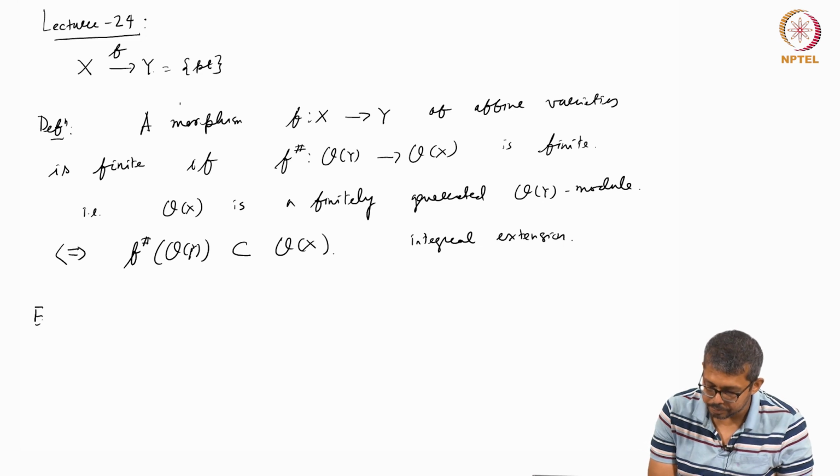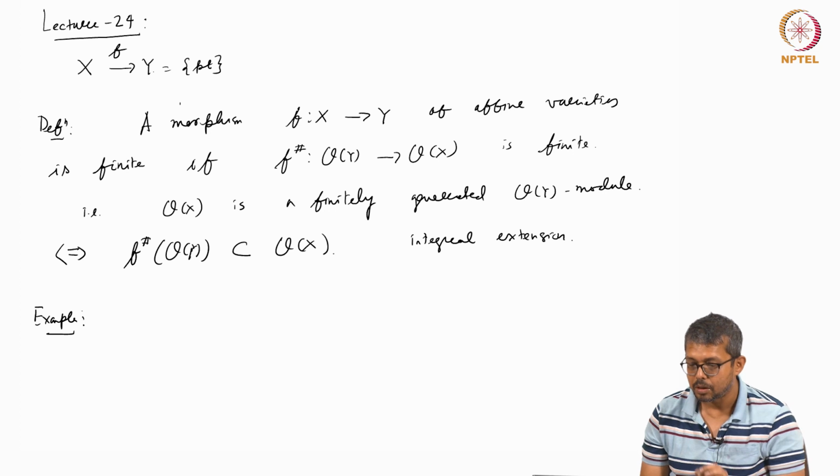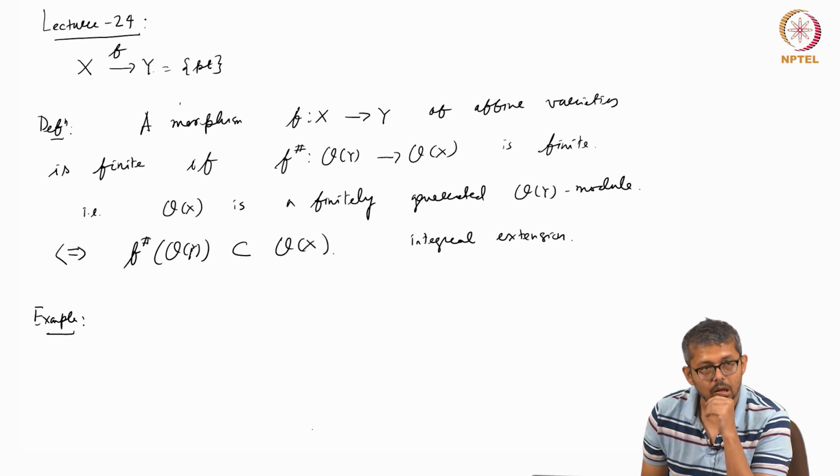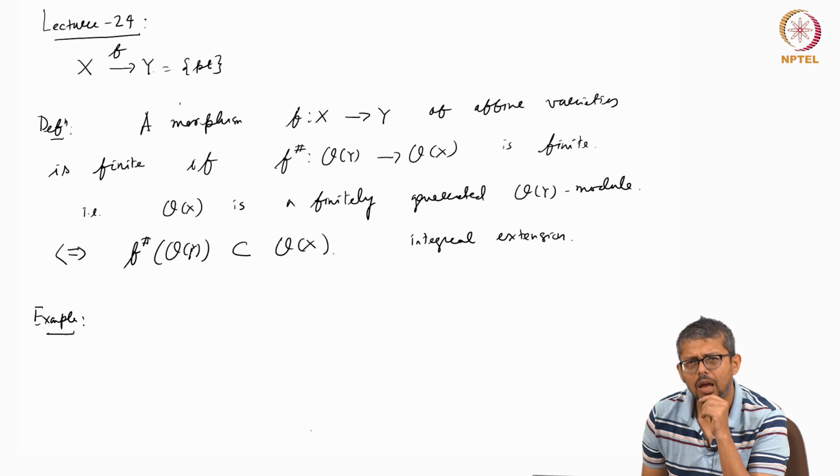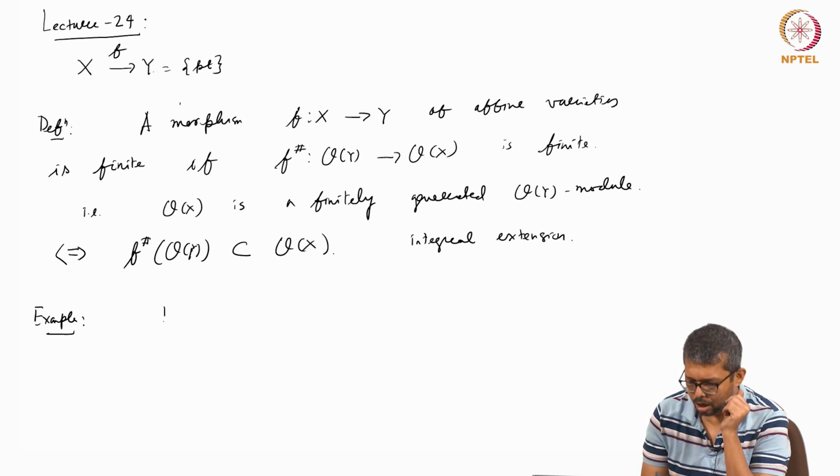Example. If it is a finitely generated O_Y-module, it would be a finitely generated O_Y-algebra, but not conversely. Why? Take K inside K[x].